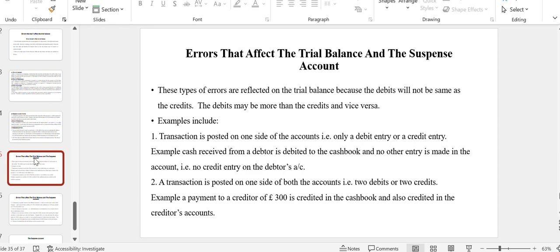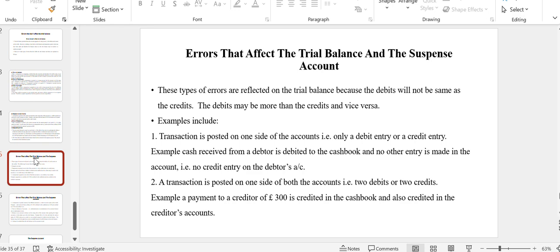Okay, if the trial balance does not balance, the only thing you can do as an accountant is to open the suspense account, because it means either there's an arithmetical error when you are summing up the values, or maybe you have recorded a transaction on one side and omitted the other one. You've not followed the double entry principle.